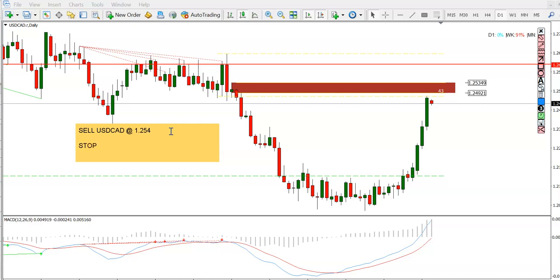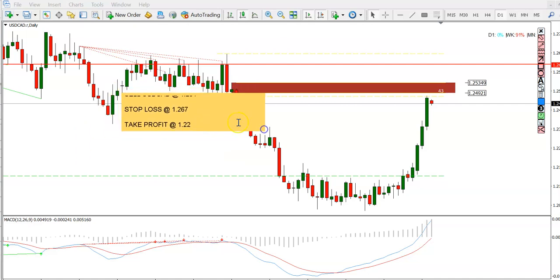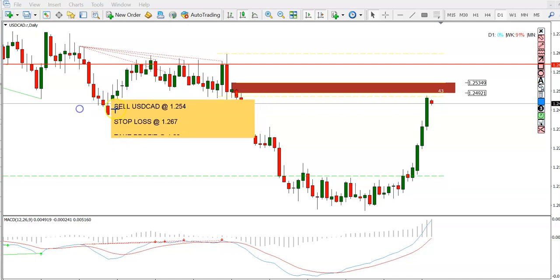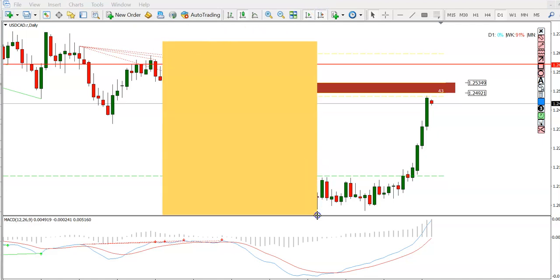Stop loss will be outside the zone, outside that daily zone, the weekly zone, at 126.7, and take profit at 122.